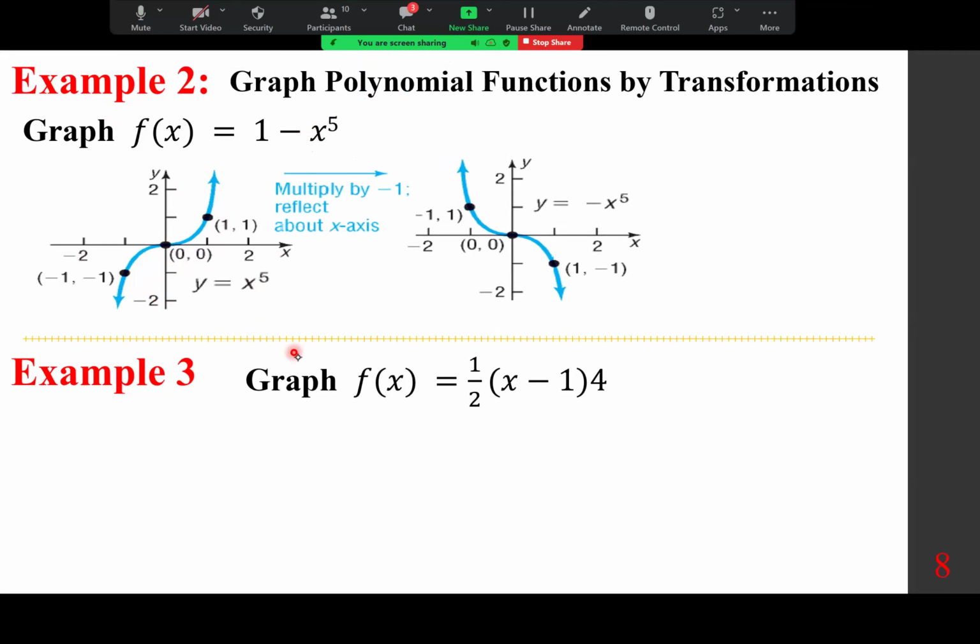Now, one thing I want to make a point of, we are multiplying by -1, and it's reflecting with respect to the x-axis. However, y equals x to the power of 3 or x to the power of 5 or x to the power of 7, whether you reflected about the x or the y axis, they do the same thing.